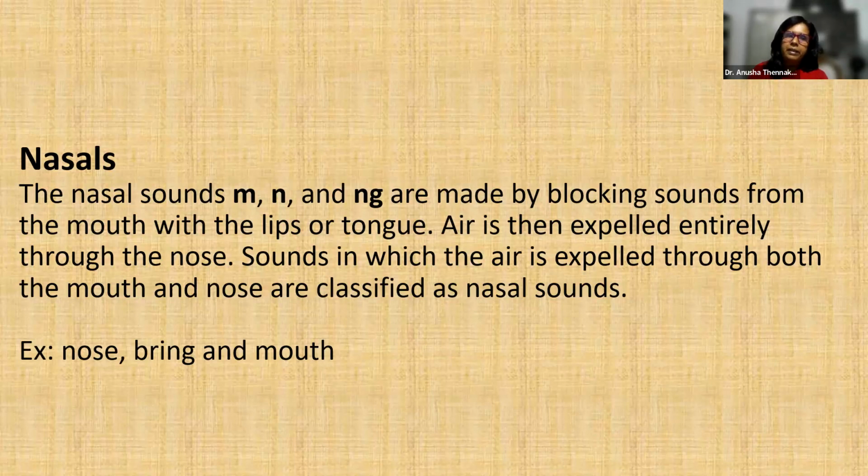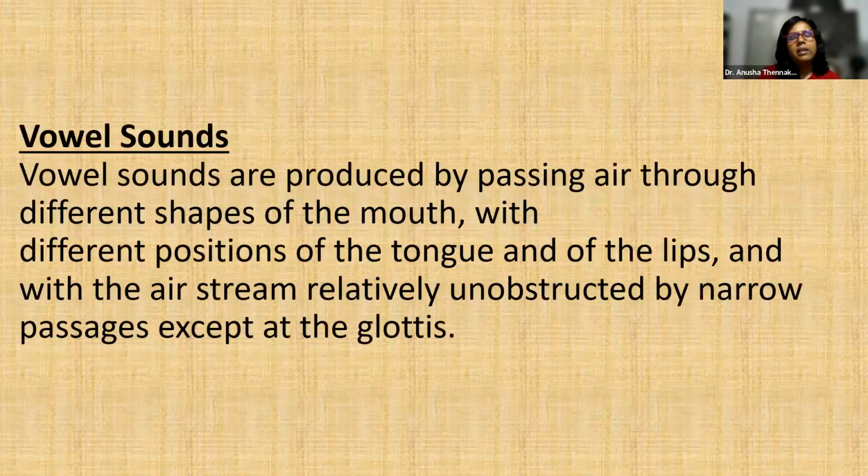Nose, bring, mouth are words containing nasal sounds. So in your summary, under consonant, you should tell what consonants are. When consonant sounds are produced, the air tract is blocked. So there are 4 types of consonants: stops, fricatives, affricates, and nasals.